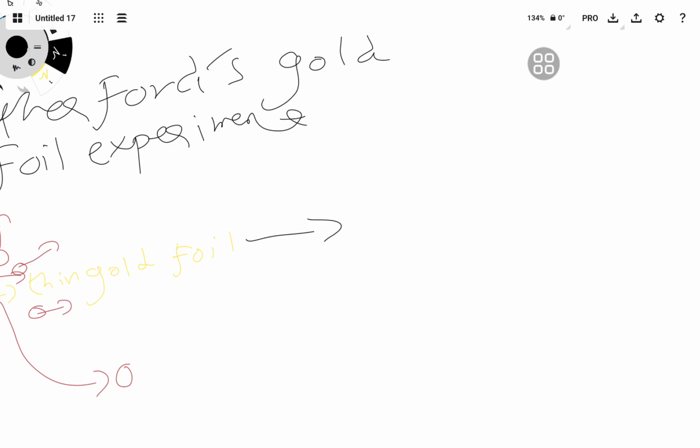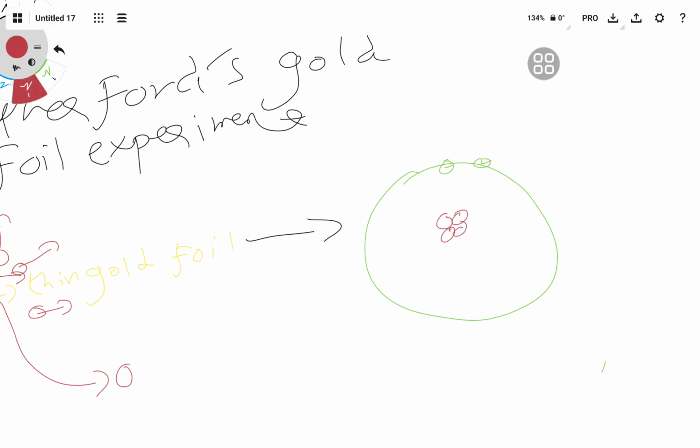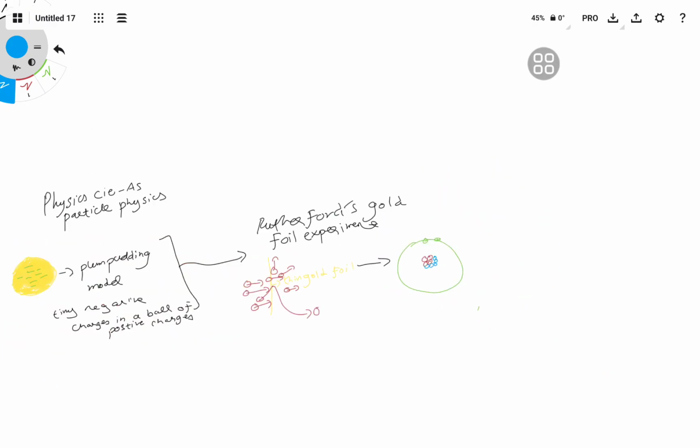Let's just say this is where electrons exist, and this is the nucleus. The red are protons, and the blue are neutrons. So it was like this. We came up with this model after the gold foil experiment.